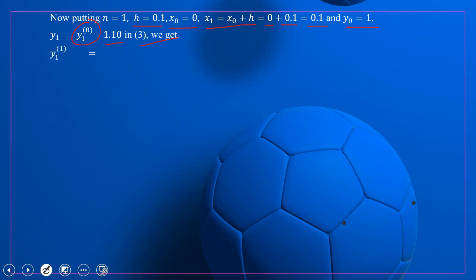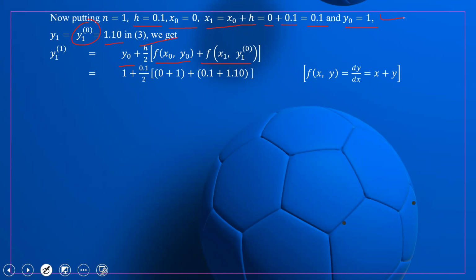So y1 is y0 plus h times the middle value of f of x0, y0 and f of x1, y1. Let us put the value of y0. The value of y0 is 1. The value of h is equal to 0.1. f of x0, y0 by using this formula, so x0 is 0, y0 is 1. Similarly, x1 is equal to 0.1, and y1 zeroth is 1.10, which is calculated by Euler's method.